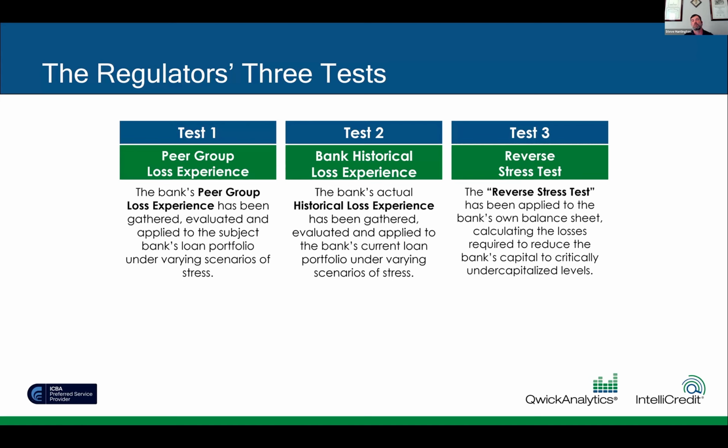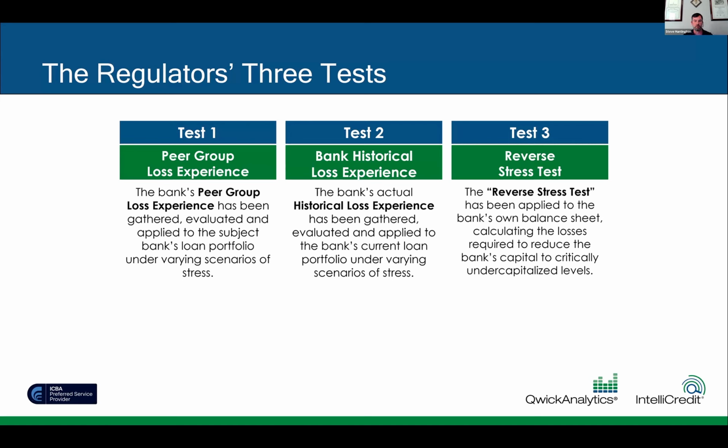Instead of starting with reprojecting loan losses and then using that to reproject earnings and finally reproject capital, we start at a presupposed capital level or threshold, say the minimum to be well capitalized or adequately capitalized, those PCA thresholds, or just your own internal capital minimum target before it triggers some sort of board action or consideration of slowing growth, or even more significantly, a consideration of an additional capital raise.